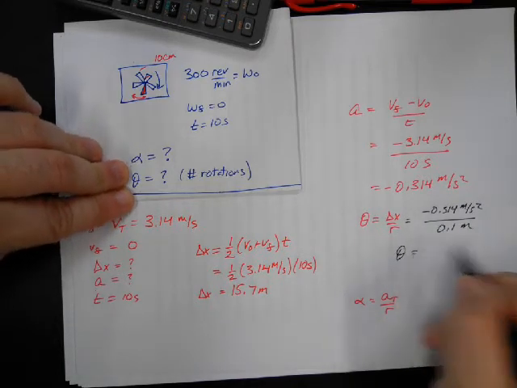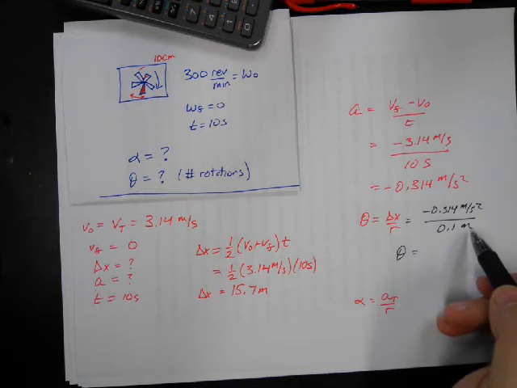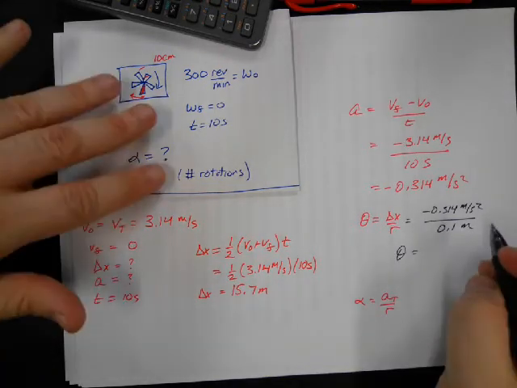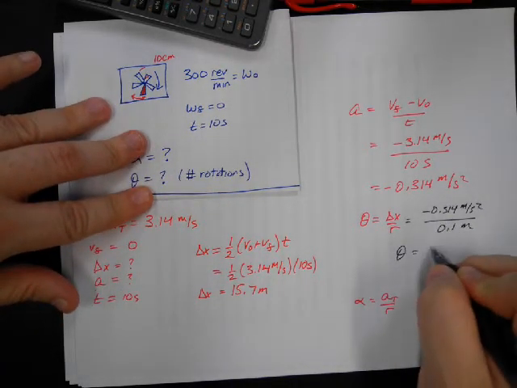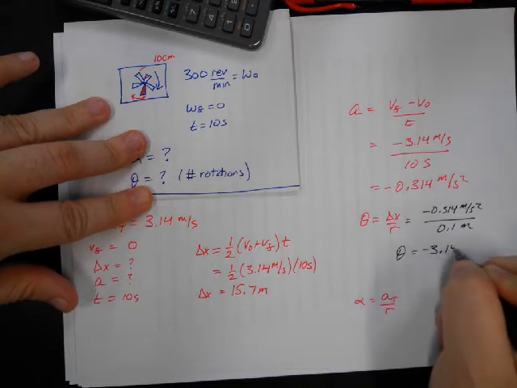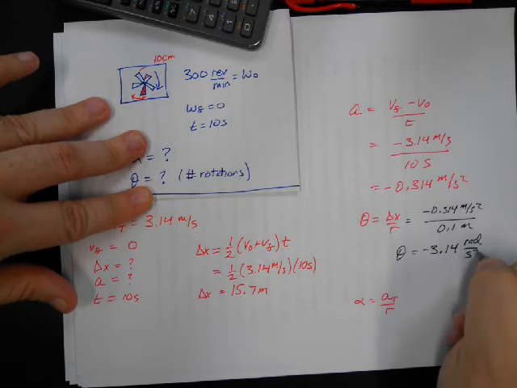So in our units, we have 1 meter divided by 1 meter. That is a radian. So we'll have minus 3.14 radians per second squared.